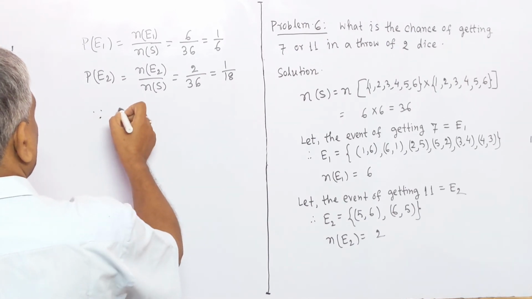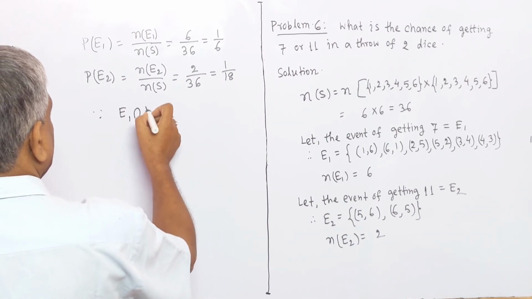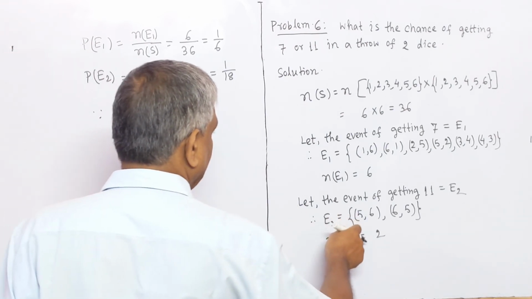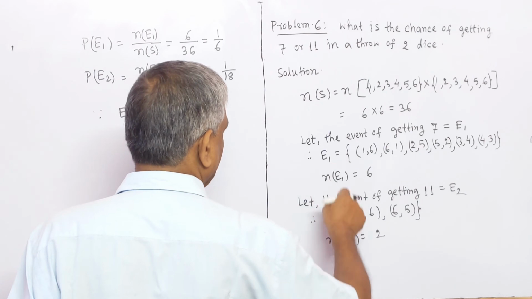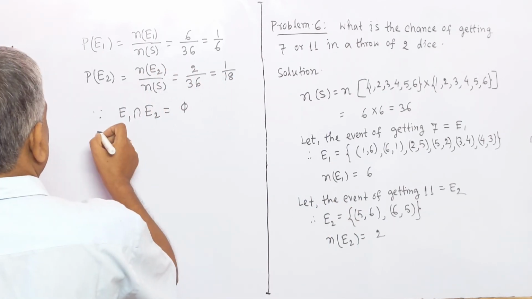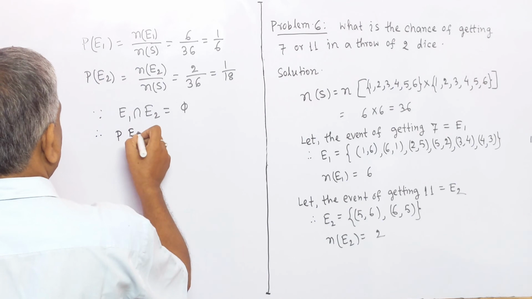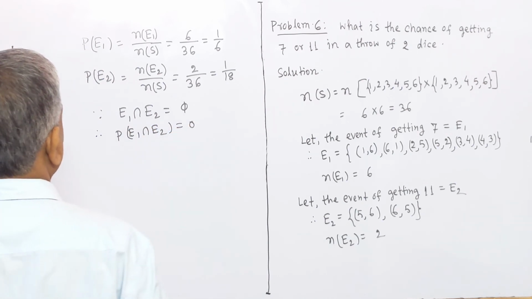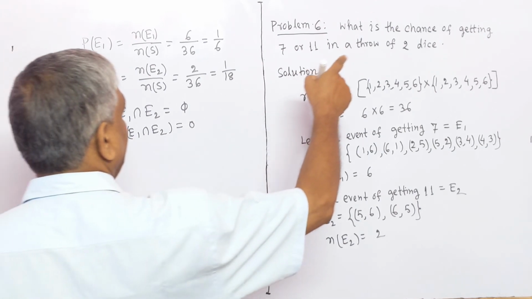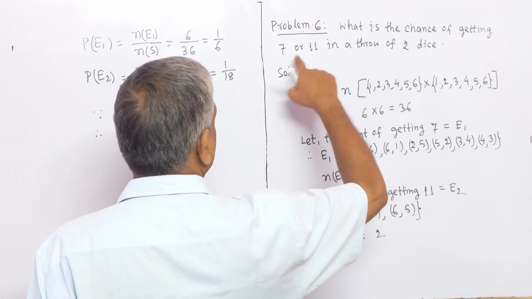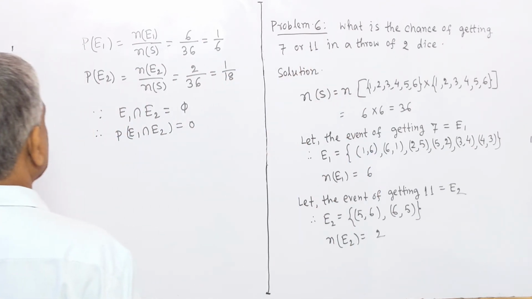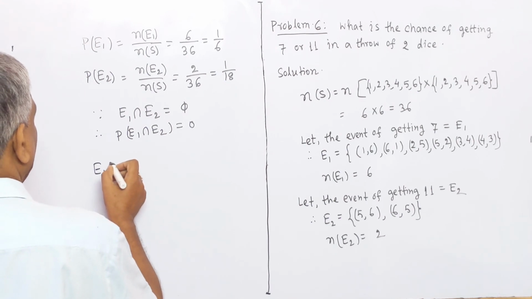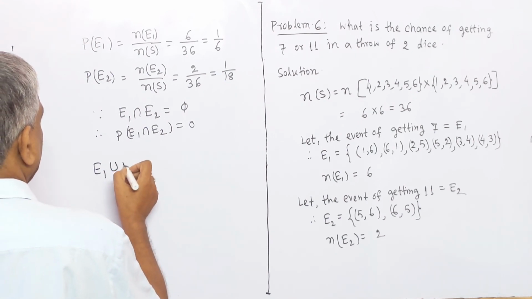Since E1 intersect E2 is empty, there is no common element in E1 and E2. Therefore, P(E1 intersect E2) is equal to 0. Now we have to find the chance of getting 7 or 11, means we have to find the probability of E1 or E2, means union.